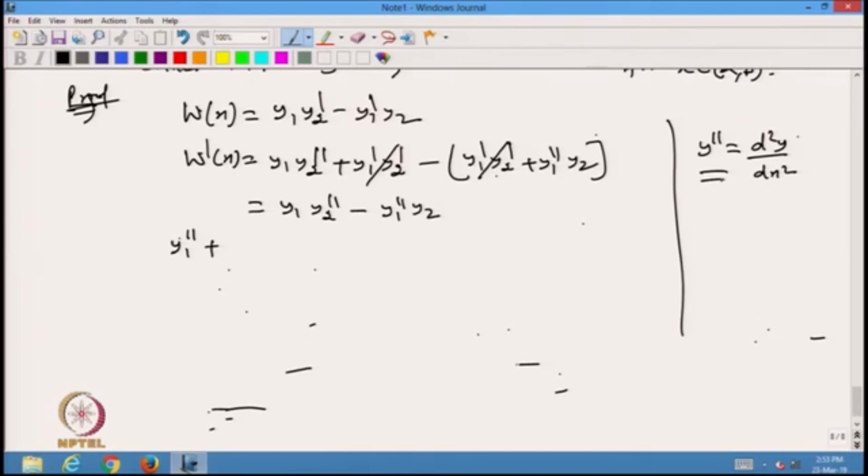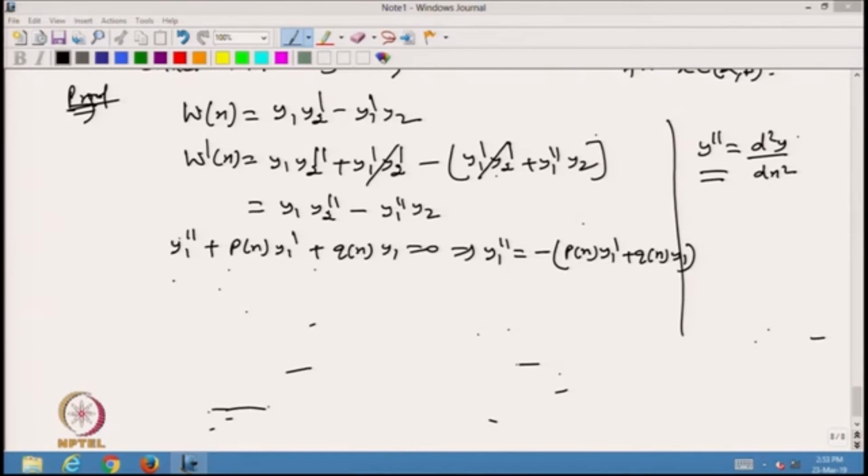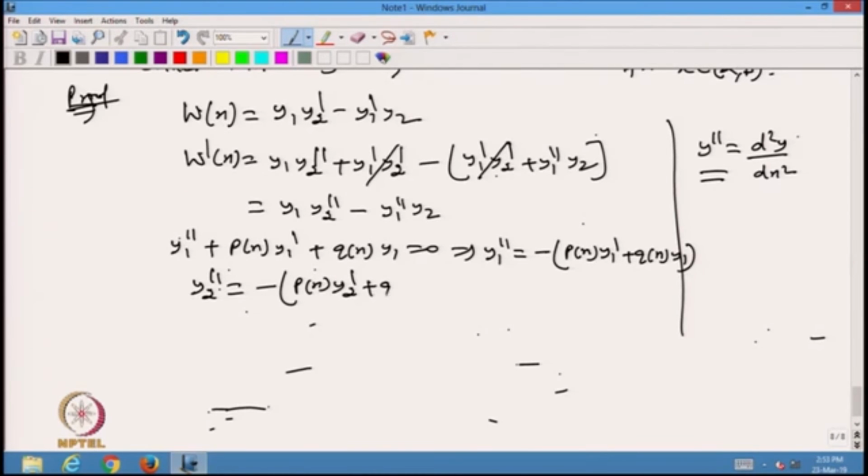Because y1 is the solution of the equation, I can write y1'' as minus of p(x) y1' plus q(x) y1. Similarly, because y2 is also a solution, y2'' can be written as minus of p(x) y2' plus q(x) y2.